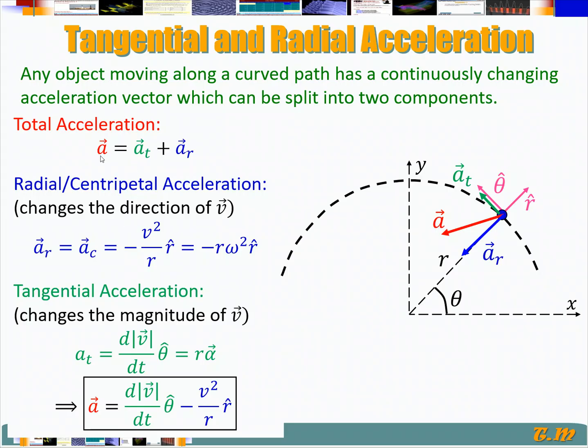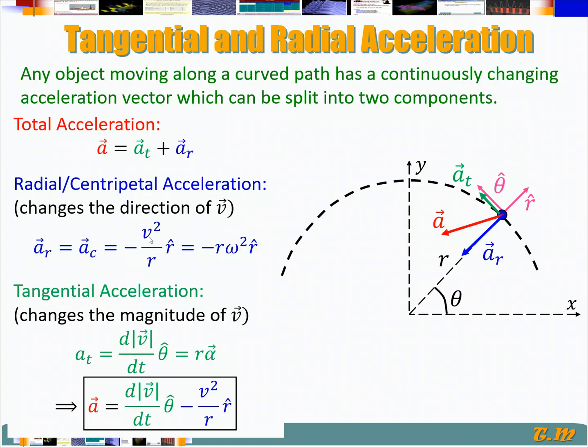Okay. Mathematically, the acceleration we write as a sub t plus a sub r. A sub r, we call it also centripetal acceleration, so most often it is written a sub c. It has a relationship with the velocity at that time. It's v squared over r.